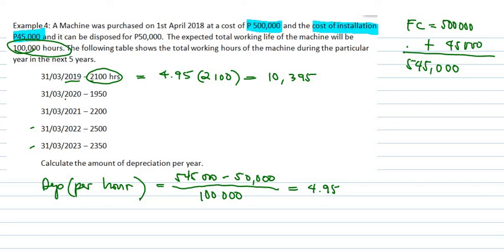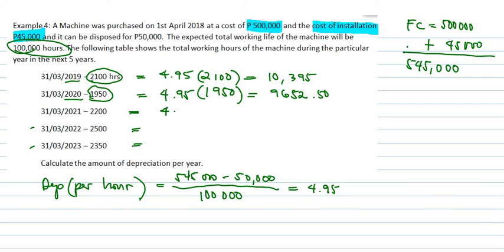Now for year 2020, we multiply 4.95, the depreciation per hour, times the total hours for 2020, 1,950. This is equivalent to 9,652.50.